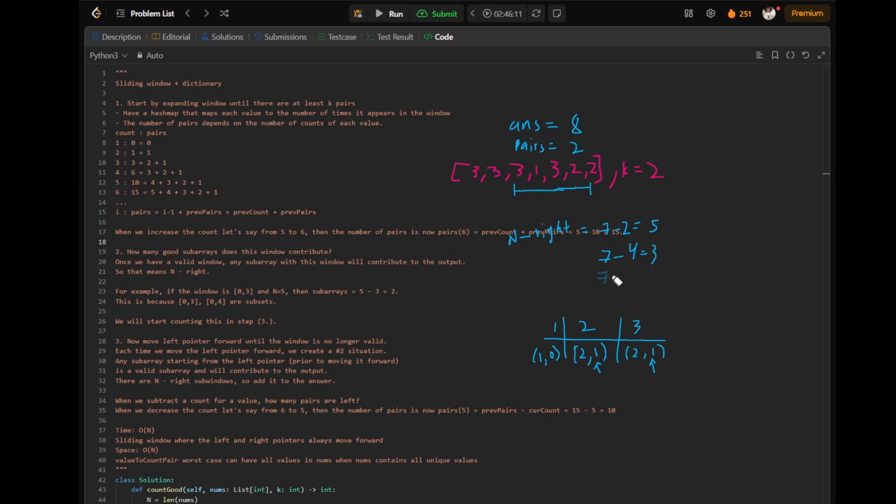There's n is 7, minus the right, which is also 0, 1, 2, 3, 4, 5, 6. This is only one contribution. So our final solution is a sum of these, which is 9.